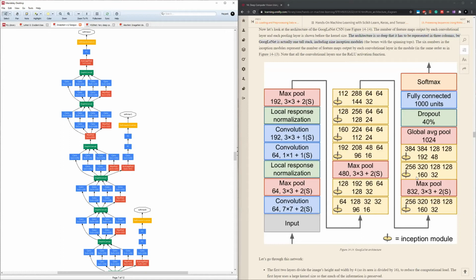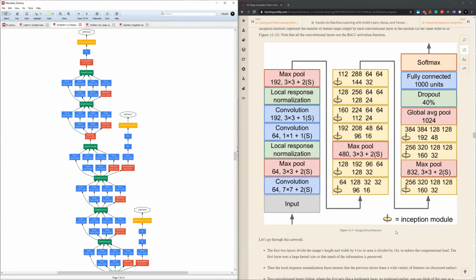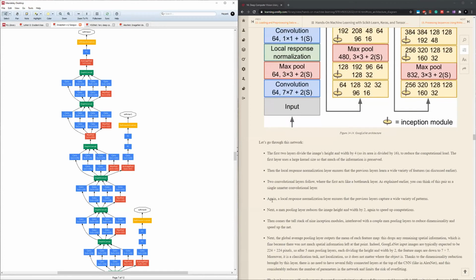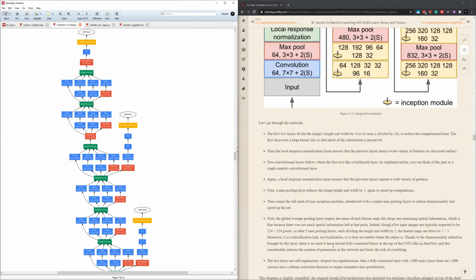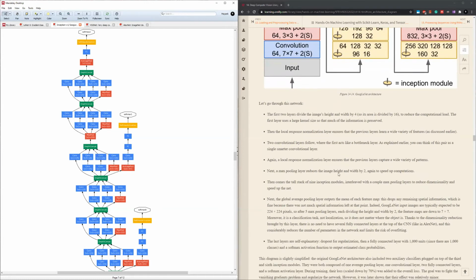We can take a detailed look at it with the number of channels, the image sizes, and the layers. So here, if we go to the text, it's a bit easier.